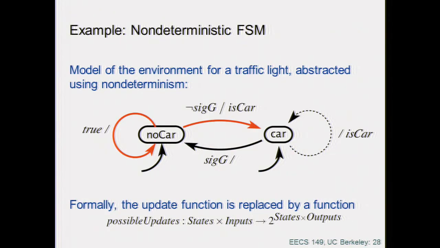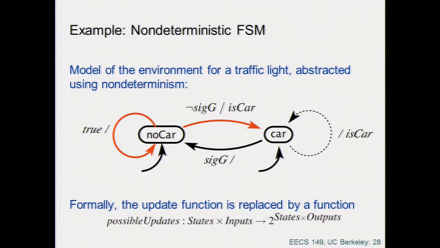So, we said deterministic. An example of a non-deterministic finite state machine is this one. The two red arcs are transitions that are taken under the same input. So I can go either to that state or I can stay in my state. For example, suppose that I have a traffic signal which is also triggered by the presence of a car. This is the famous country road problem.